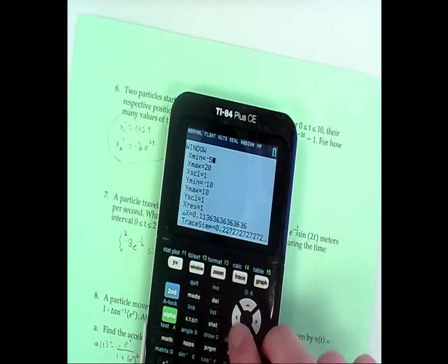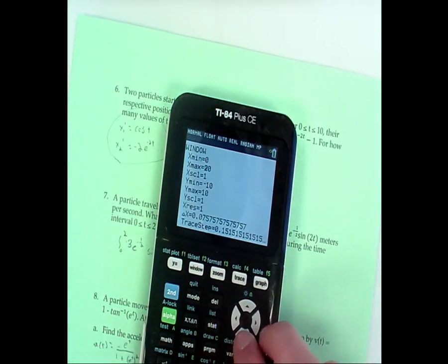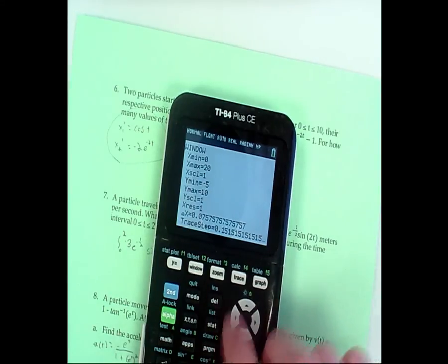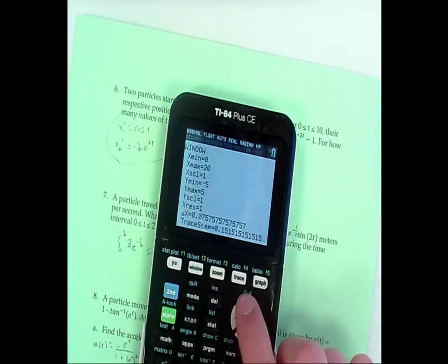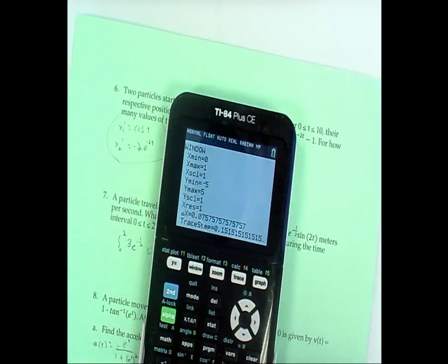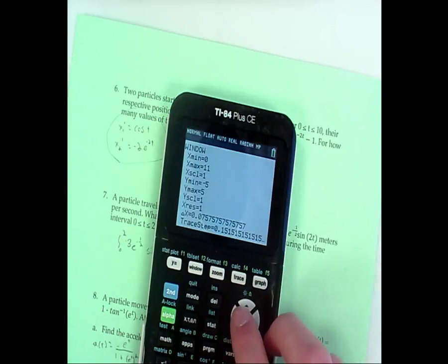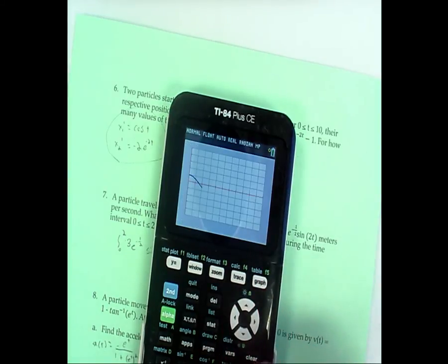I'll try to make it a bit bigger. And you want your intervals from 0 to 10, correct? Yeah, so you need X max 10. It should go a little bit over that, maybe. That's what I do at least.